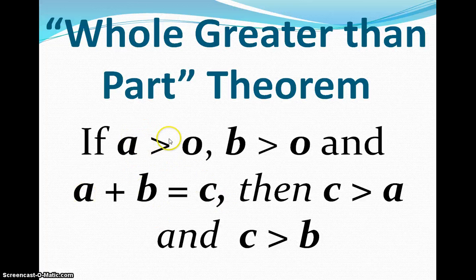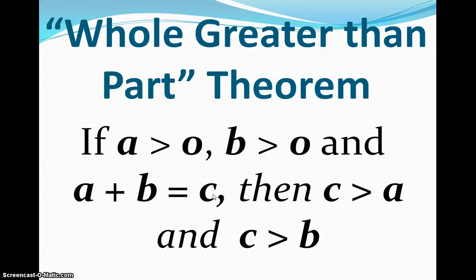Again, if you need help, plug in some numbers. A can't be 0 because then B would be equal to C, and B can't equal 0 because then A would equal C, which contradicts this. Negative numbers would mean that C would become a smaller number. What we're saying is A is a positive number and B is a positive number. If I add them together, say the 4 and 6 again, that makes 10.